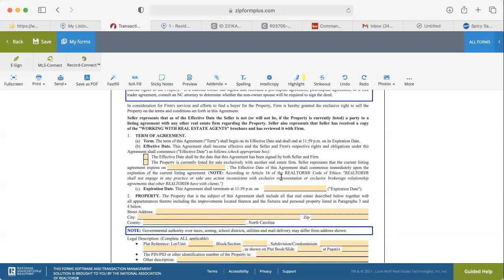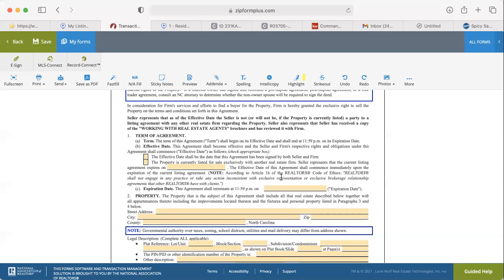So if you get a call from someone who says, I currently have my property listed with ABC Realty and I'm not happy with their services and it expires on Friday, and I would like for you to list it when it expires. That's perfectly legal.